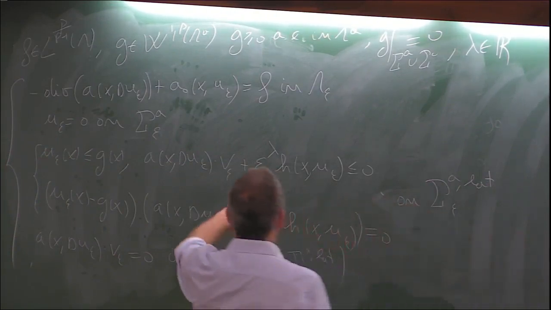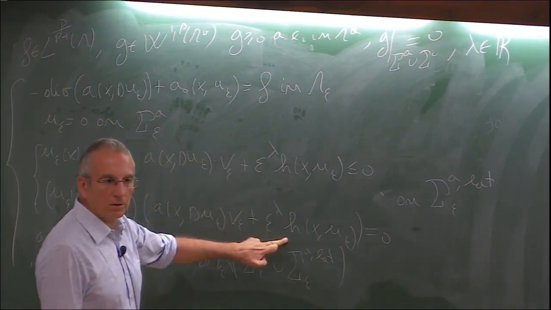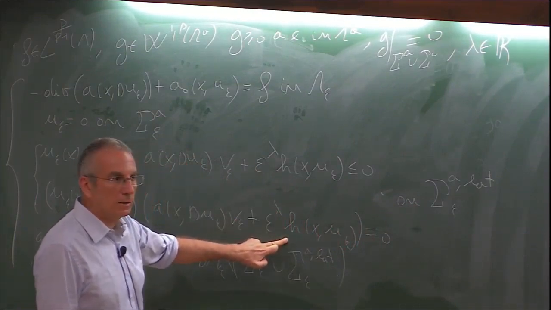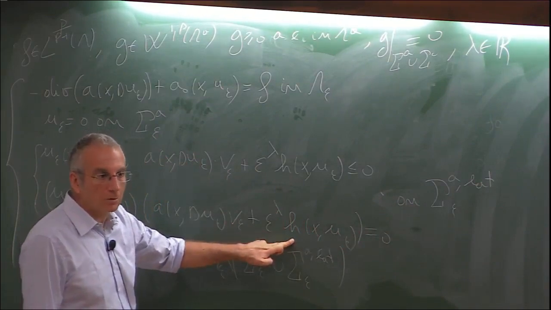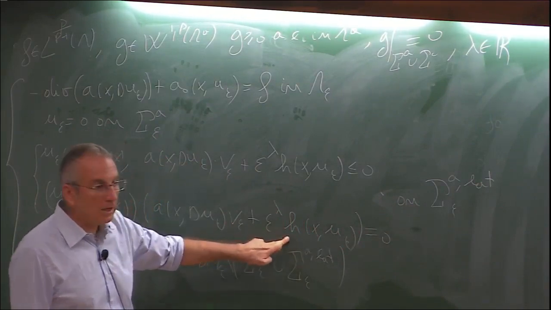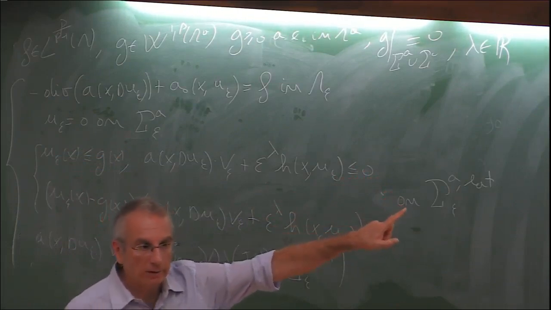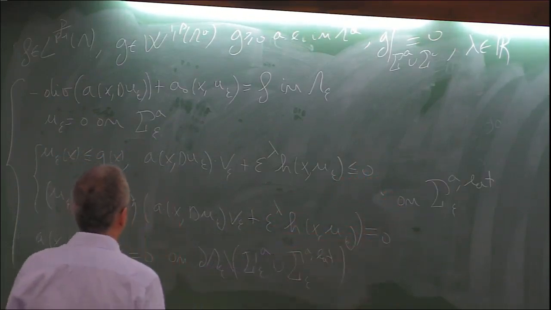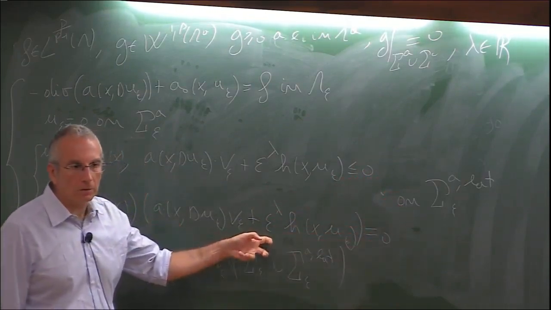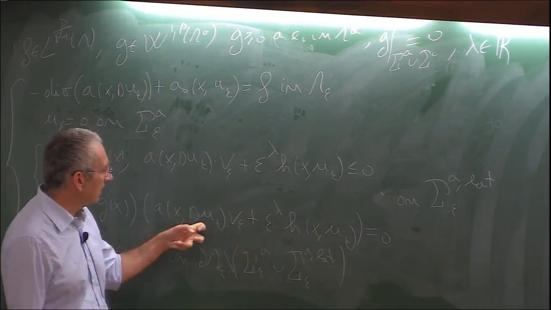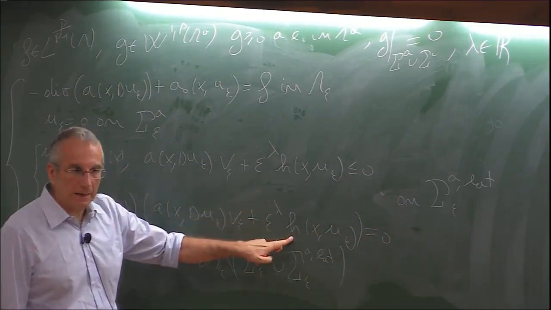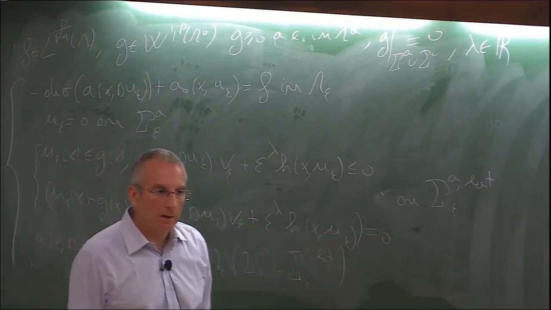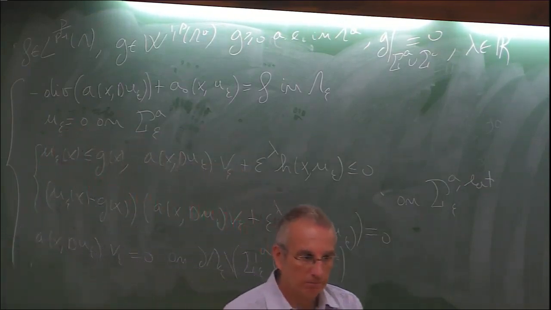If you take here h equals 0, you have the homogeneous Neumann boundary condition. You can take h, I wrote it, h equals t. Then if you take h equals t, you have the Robin boundary condition: A(x) gradient u epsilon dot normal plus epsilon to the power lambda u epsilon equal to 0.